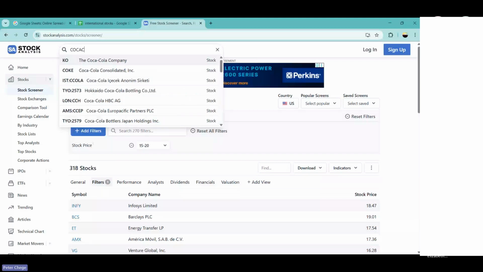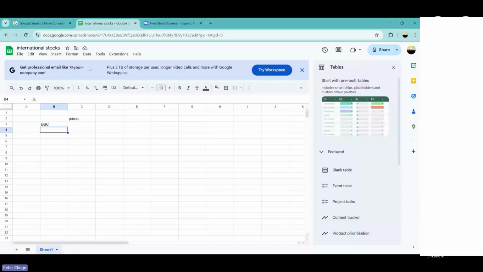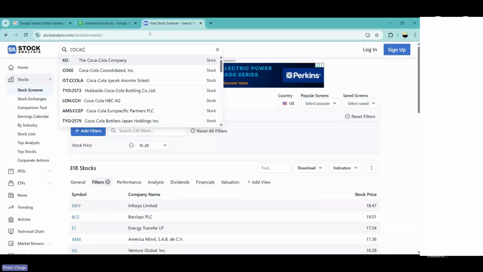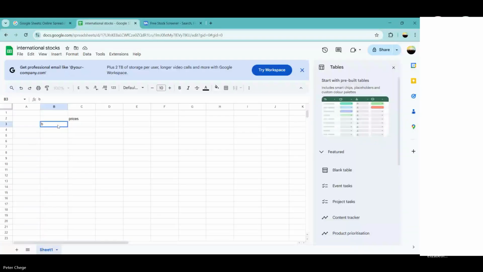So I'll pick those. Let's go to our spreadsheet. I put them. Barclays is okay. Thank you. It's BCS, in capital letters. Let me see if I can zoom in.